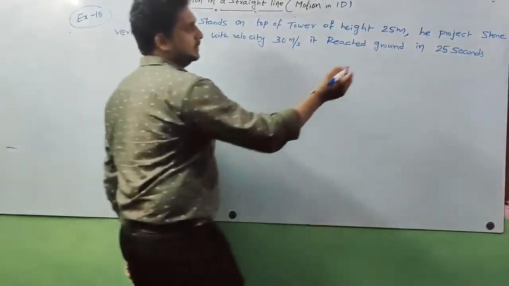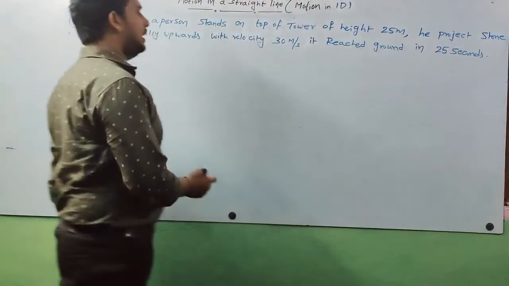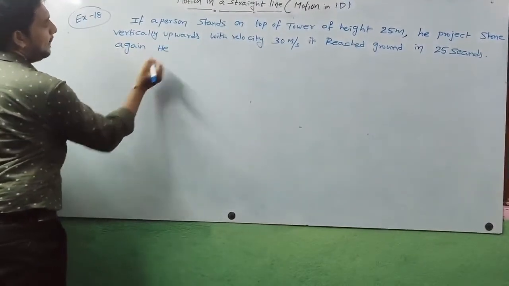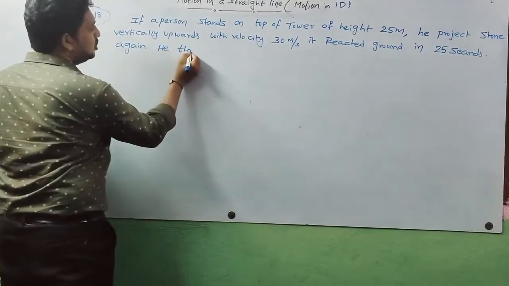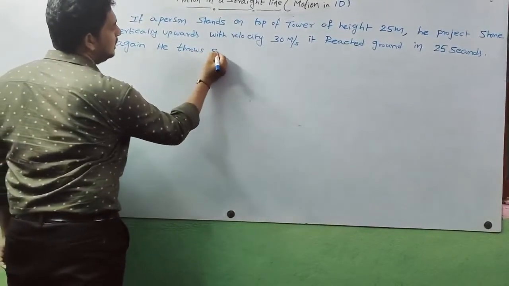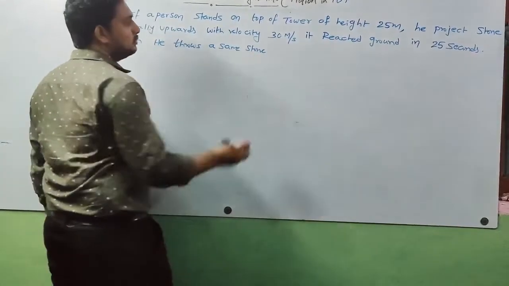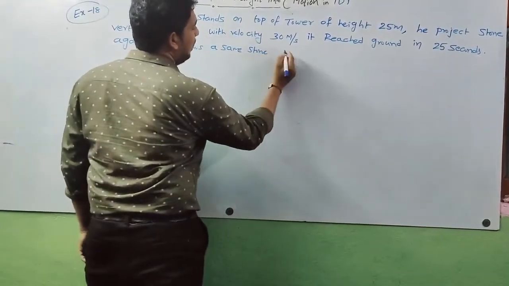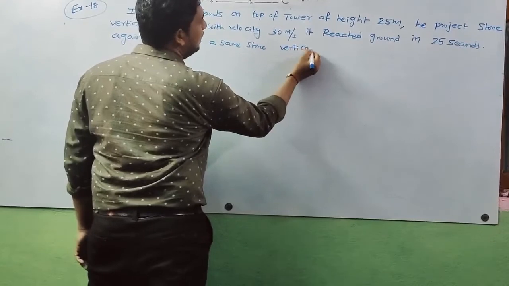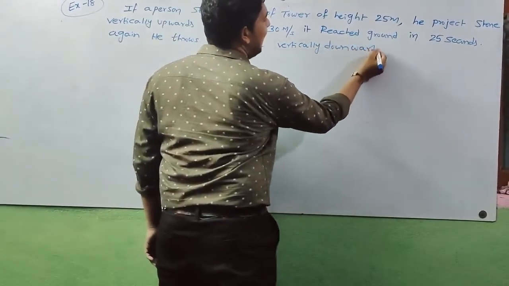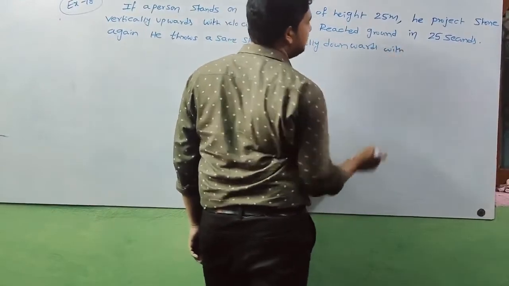So this is the first step. Again, he throws the same stone vertically downwards with the same speed.